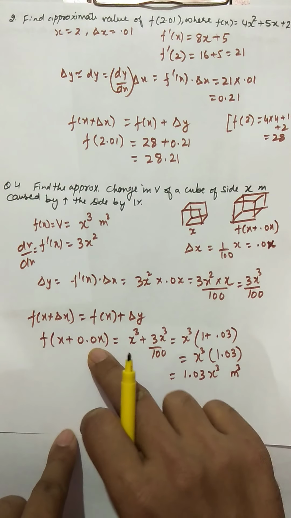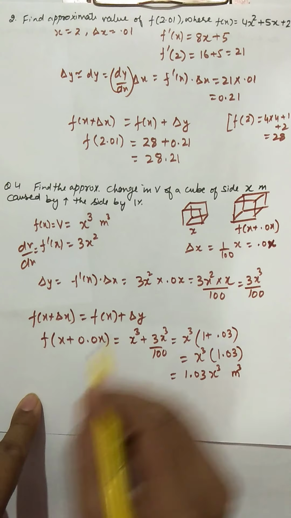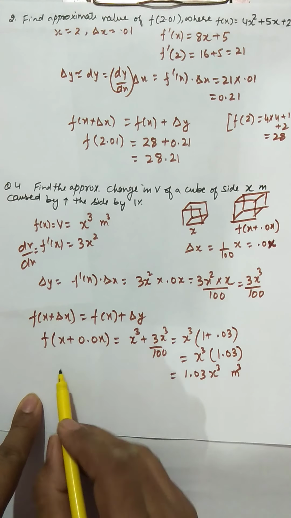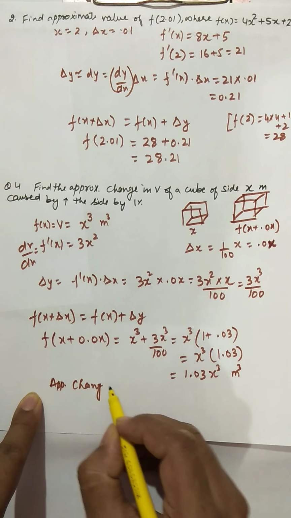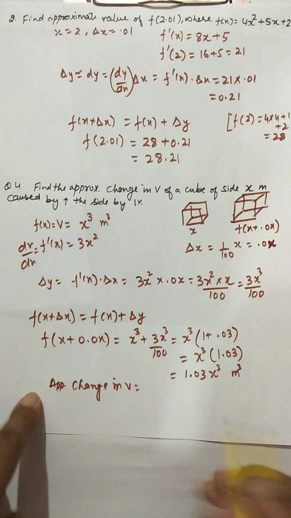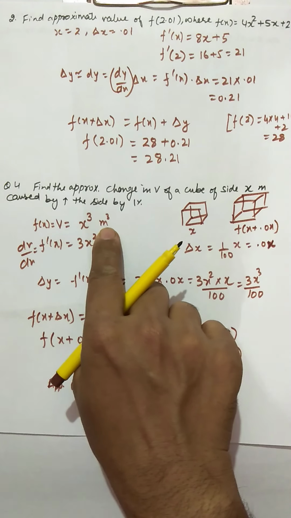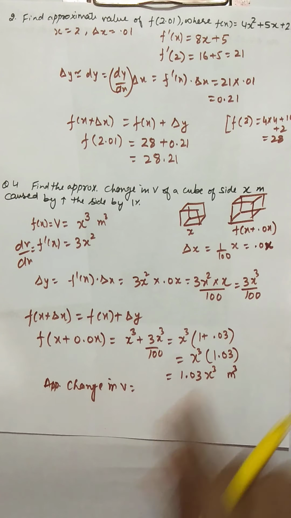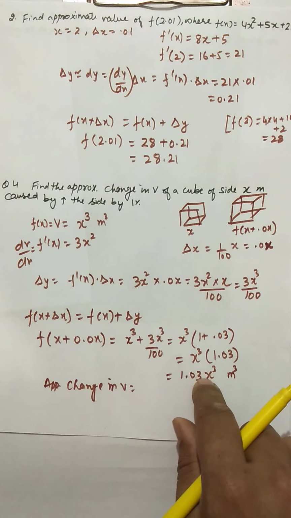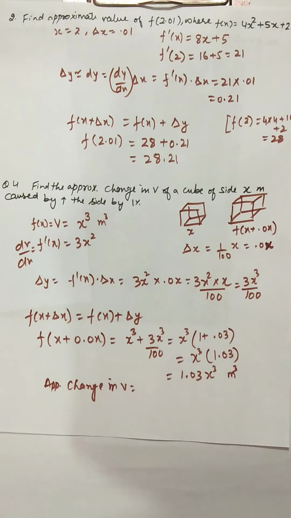So this is after the change, but they were asking in the question to find the approximate change. So approximate change in volume, you can see earlier the volume was x cube, and this time the volume is 1.03 x cube. So what is the difference in these two volumes? I'm just underlining this.